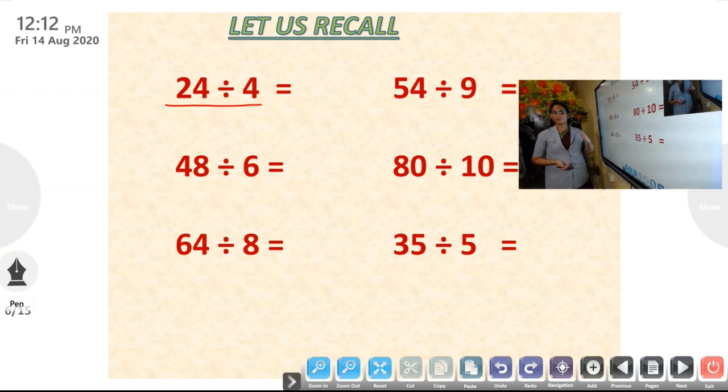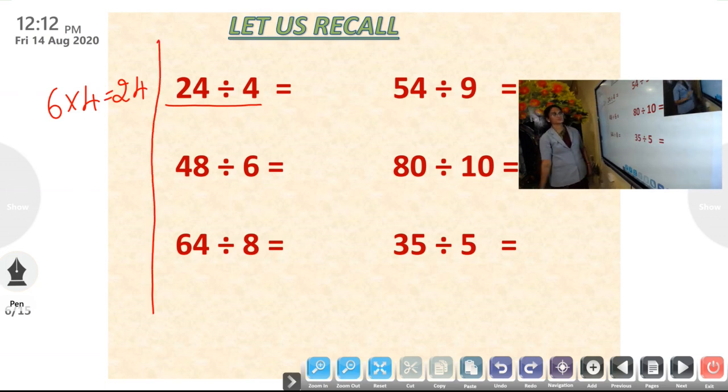You say the table of 4 in your mind. 1 4 is 4, 2 4s are 8, 3 4s are 12, 4 4s are 16, 5 4s are 20, 6 4s, that is 6 into 4 is what? 24, isn't it? 6 into 4 is 24. So what is 24 divided by 4? Answer is 6.